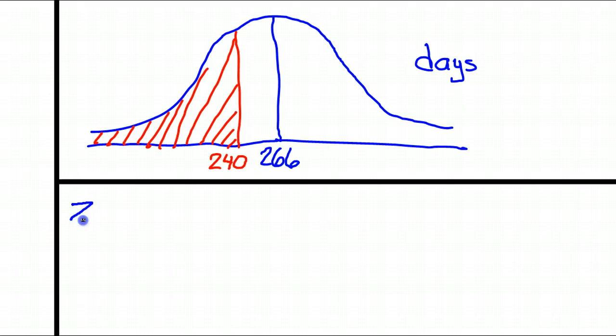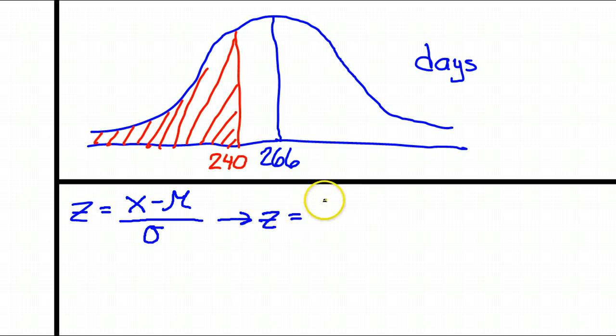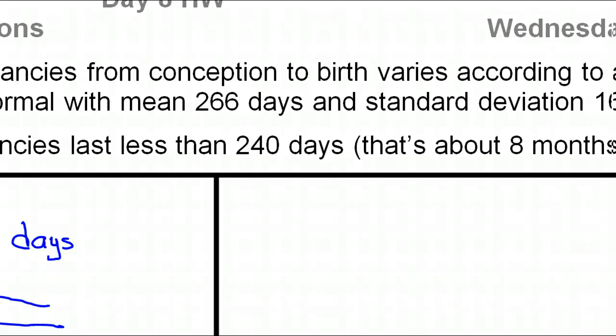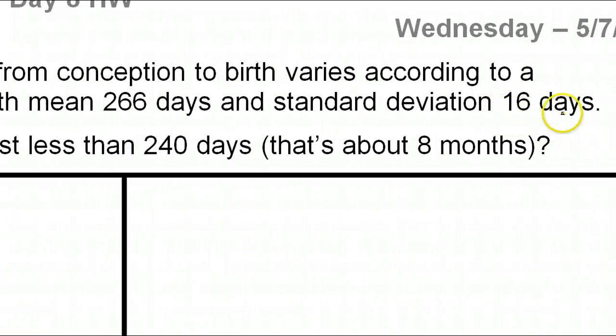So let's find the z-score associated with 240 days. You know that the z-score is going to be your actual value minus the mean divided by the standard deviation. So that means our z-score is going to be the actual value of 240 minus a mean of 266, which is negative 26, divided by the standard deviation, which was 16 days.